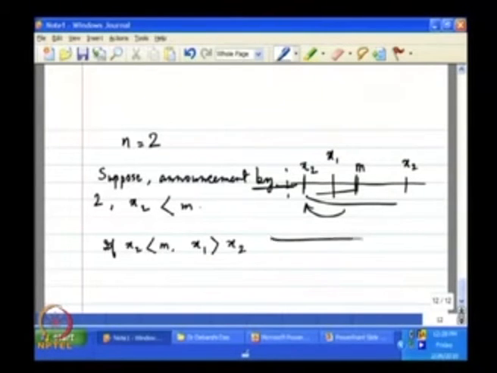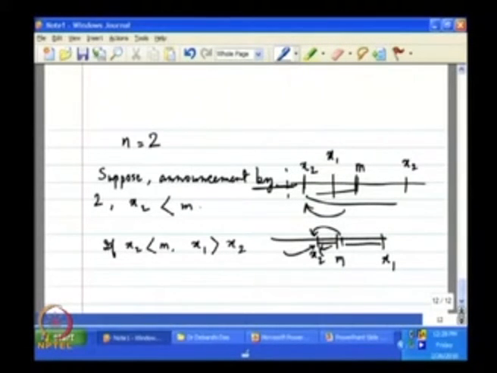The answer is no, because suppose here is M and here is x2. If one announces something here greater than M and too much greater than M, x1 is too much far away from M, then all these votes will come to candidate 2, and there will be some votes from here also which will come to candidate 2, because for this voter this distance is less than this distance.